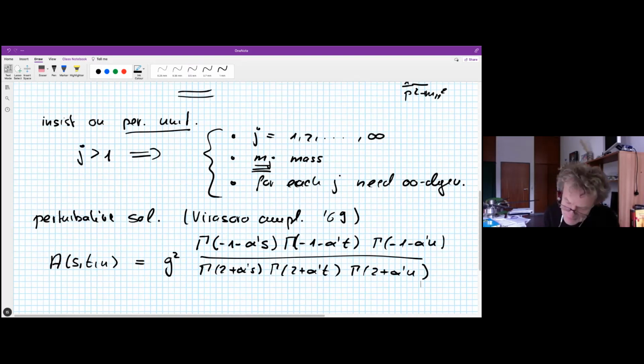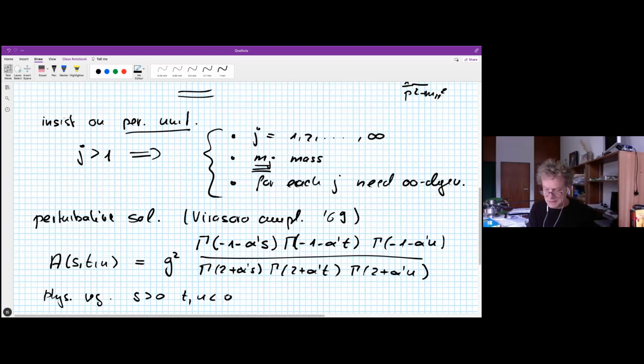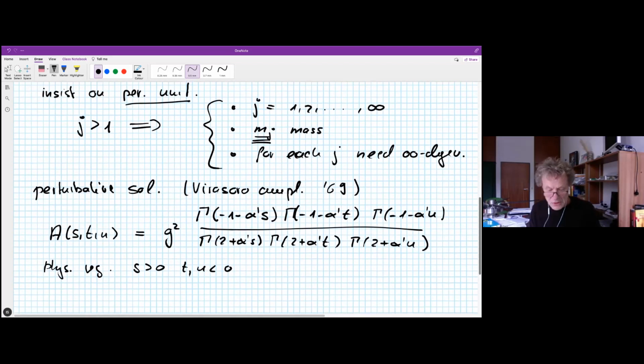And remember, in the physical regime, S is bigger than 0 and T and U are smaller than 0. That's when you are in the physical regime for the scattering. So that amplitude was given, and it has all these nice properties.